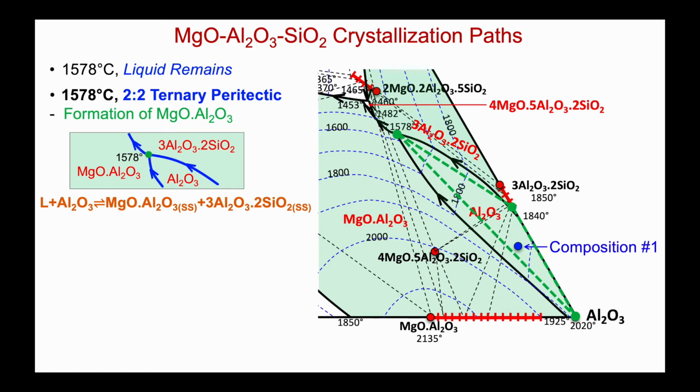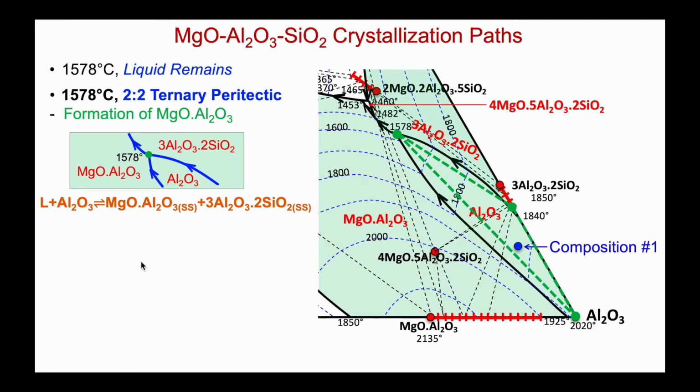And we know from our previous videos, in this case, it's a 2,2 because it's liquid plus the primary phase that lies between the two liquidus valleys coming into the reaction. So liquid plus Al₂O₃ in equilibrium with, on the other side, the two exiting primary phases, MgO-Al₂O₃ and 3Al₂O₃-SiO₂, both of which are solid solutions. So this is my 2,2 ternary peritectic.